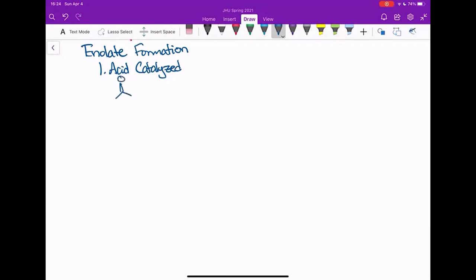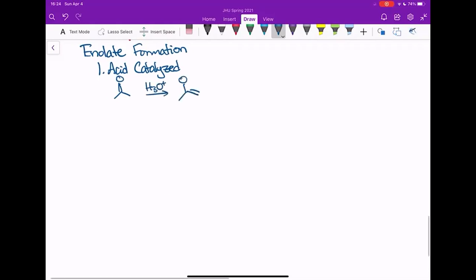But if we have a carbonyl under acid, we'll go ahead and form our enolate like here. And so in this case, we're going to start by protonating our carbonyl like usual. And then some water will go ahead and deprotonate.